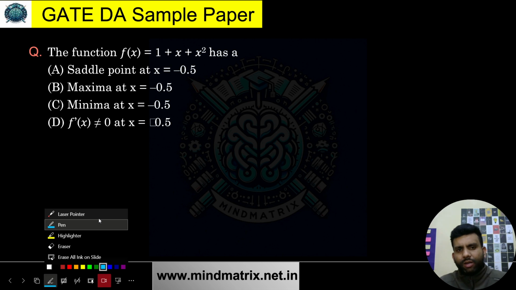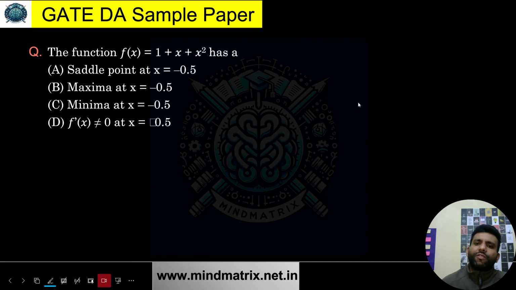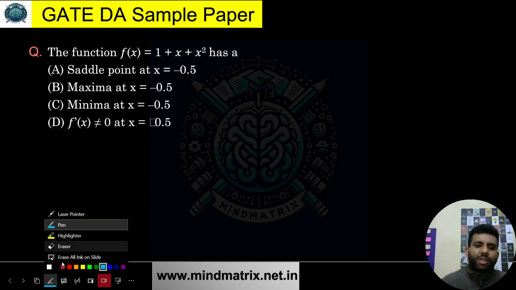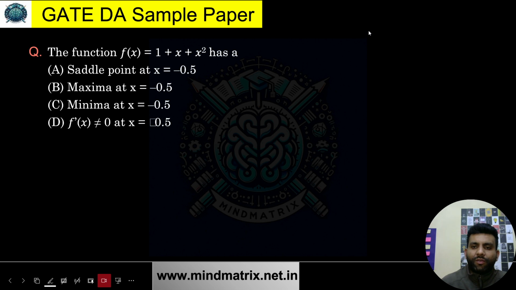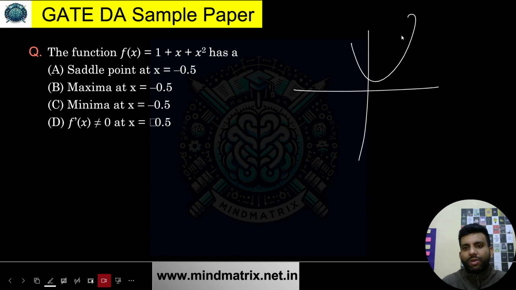Because this is a quadratic function, it will have some shape like this. I'm not saying that it will be like this only; it can shift up, down. I'm just telling you that the shape is going to be like this, and I do have the real graph for this function, which I'll show you within a moment.